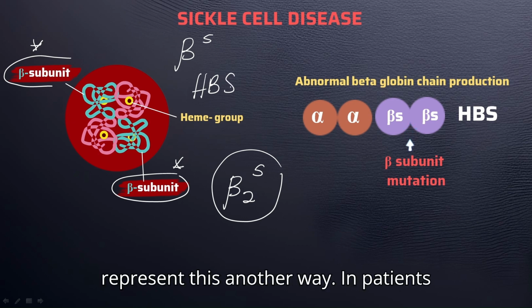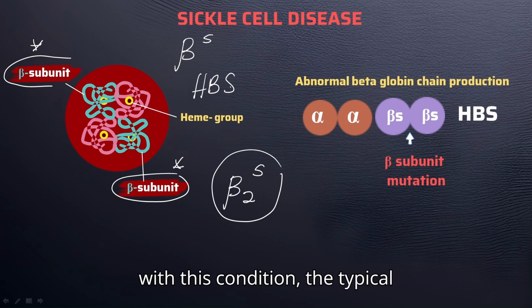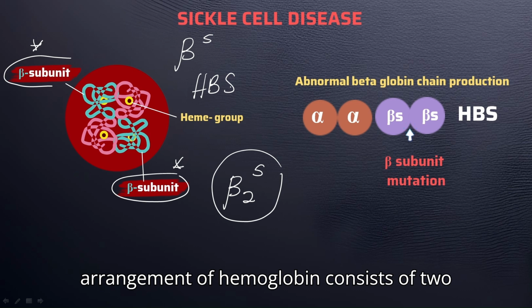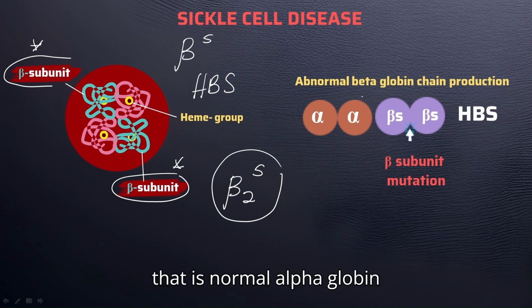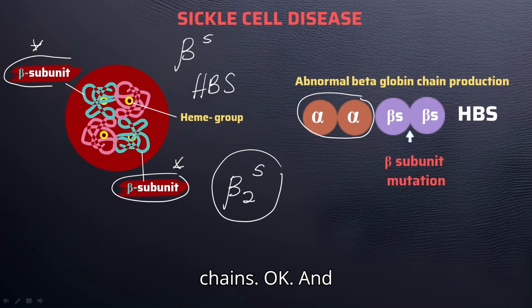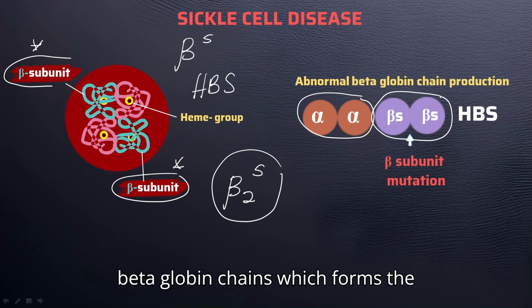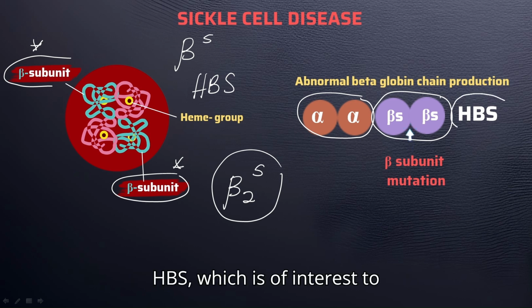So let me try to represent this another way. In patients with this condition, the typical arrangement of hemoglobin consists of two normal alpha globin chains. Okay, and this is paired with either two abnormal beta globin chains, which forms the HbS, which is of interest to us today.